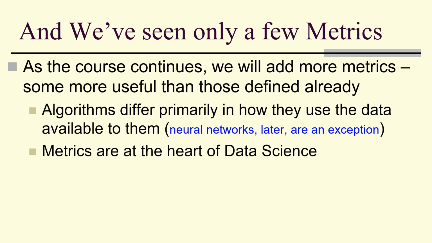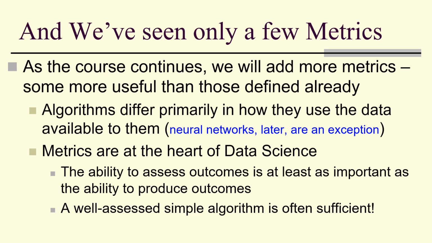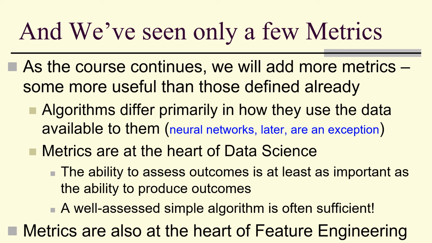But metrics are at the heart of data science, analytics and predictive modeling. The ability to assess outcomes is at least as important as the ability to produce outcomes. Typically, a well-assessed simple algorithm is sufficient and may be preferable to something more complicated. Metrics are also at the heart of feature engineering.